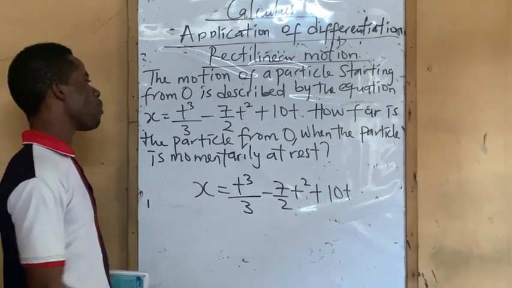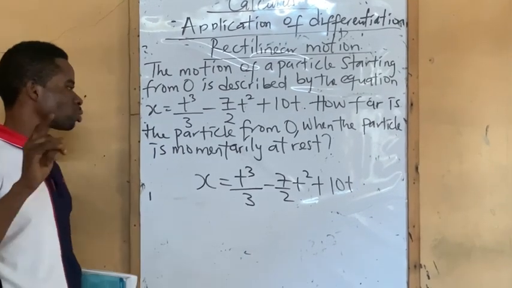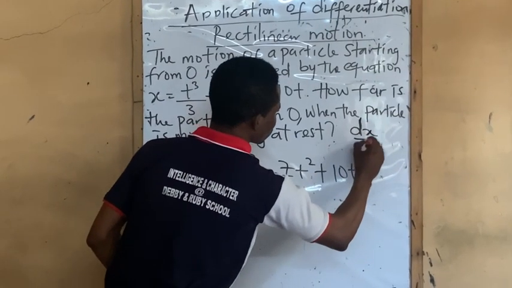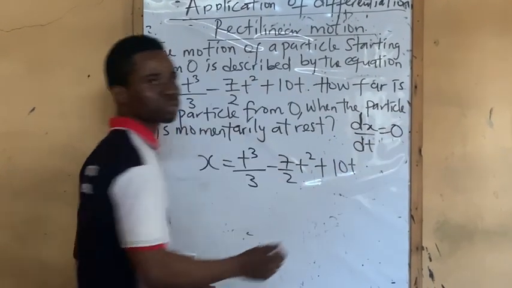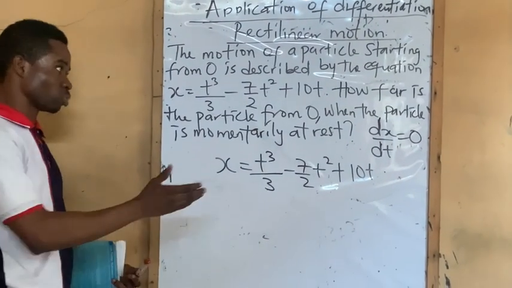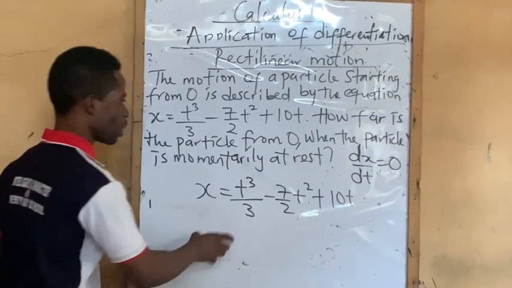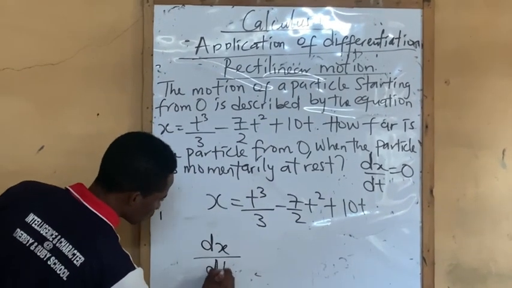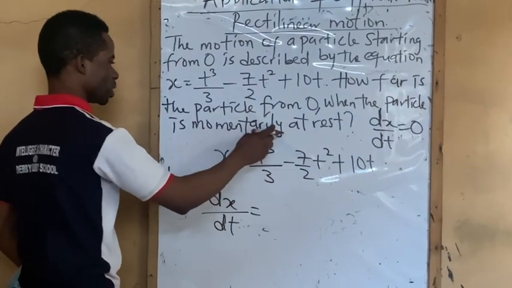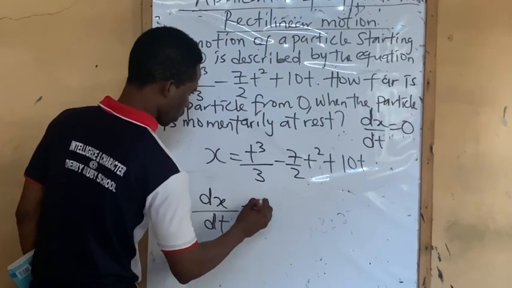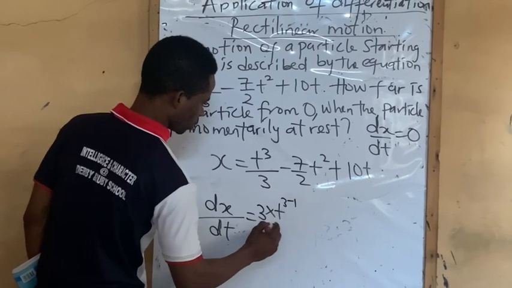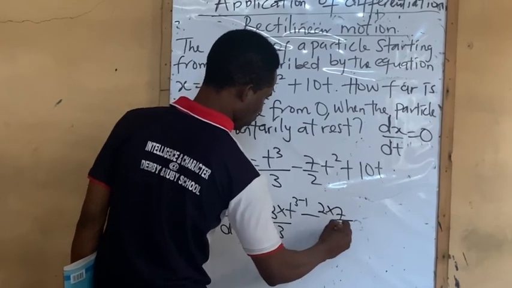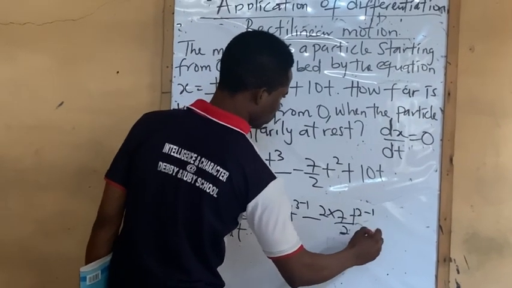When the particle is momentarily at rest, I told you, when they say it's at rest, that means our ds/dt equals 0. That means we have to differentiate this. ds/dt equals, if I bring this 3 here, 3 times t to the power 3 minus 1 all over 3, minus, if I bring 2 here, 2 times 7 all over 2 t to the power 2 minus 1, plus 10.